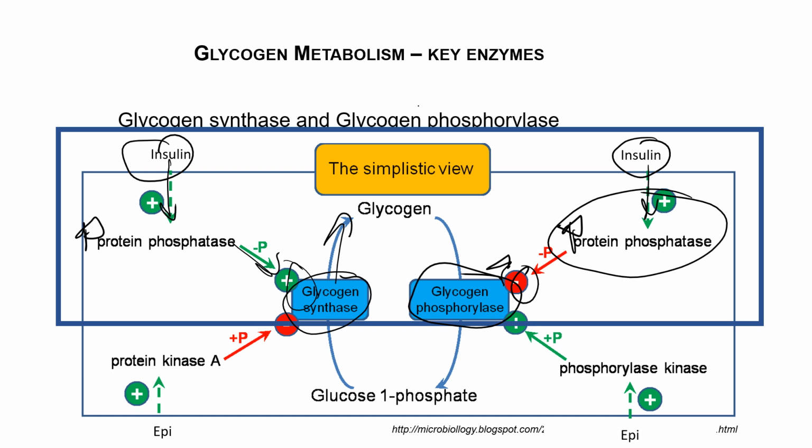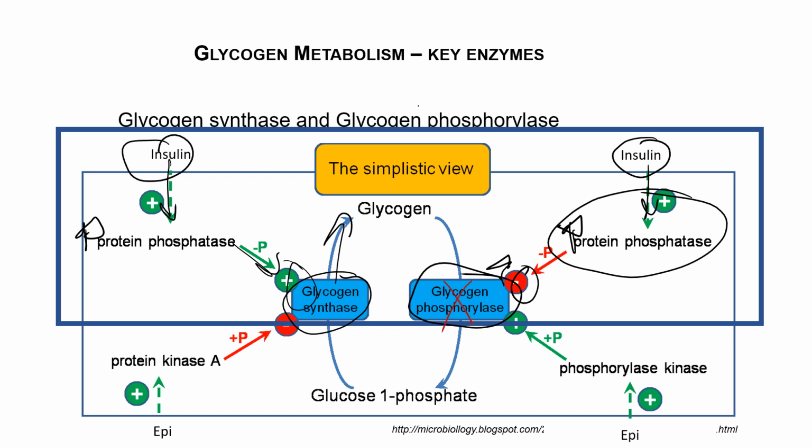Okay, protein phosphatase, it's a phosphatase, so it dephosphorylates things. Not only does it dephosphorylate glycogen synthase, but it also dephosphorylates glycogen phosphorylase. And when you dephosphorylate glycogen phosphorylase, you make glycogen phosphorylase less active. When glycogen phosphorylase is dephosphorylated, it is knocked out.